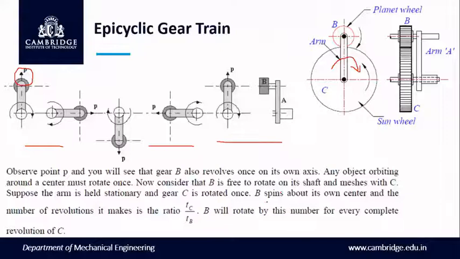So B spins about its own center, and the number of revolutions it makes is in the ratio TC by TB, that is, the number of teeth on gear C divided by the number of teeth on gear B. This will be helpful to find the speed of the planet gear as well.